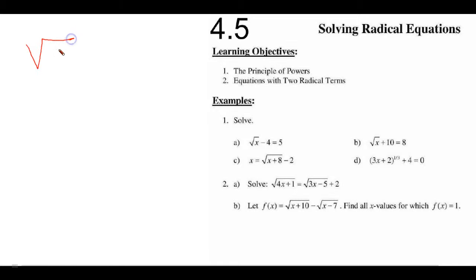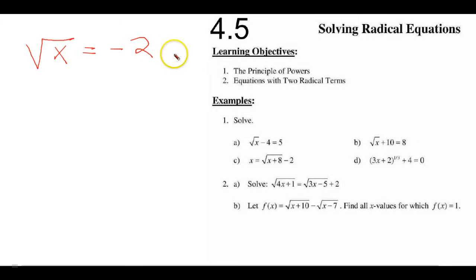So we have the square root of x. Now what I'm going to do is take this positive 10, bring it to this side, and I get a negative 2 there. So I'm just transposing the positive 10 to the other side, making it a negative 10.